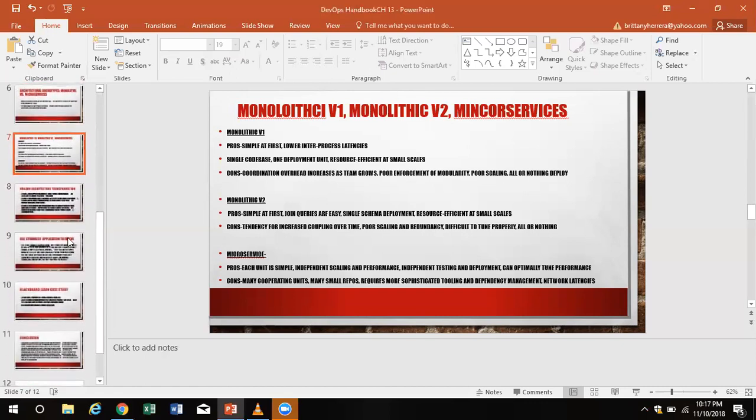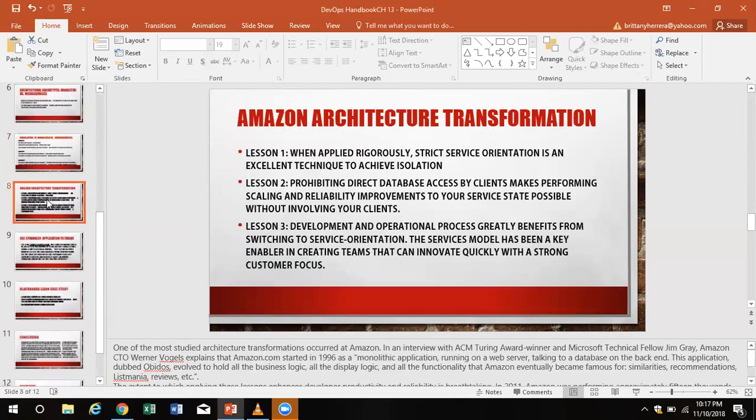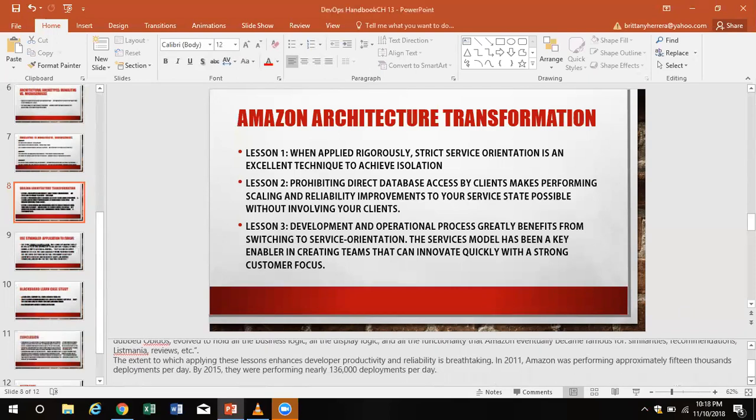And then we go on. The Amazon architecture transformation. One of the most studied architecture transformations occurred at Amazon, with Jim Gray. Basically they had a monolithic application. The lessons they learned: first, when applied rigorously, strict service orientation is an excellent way to achieve isolation.